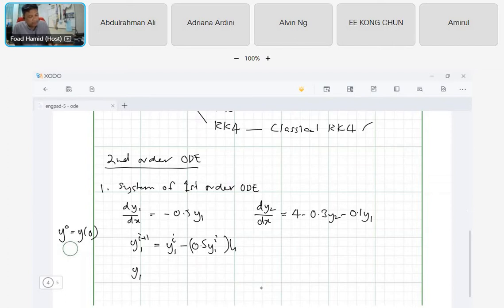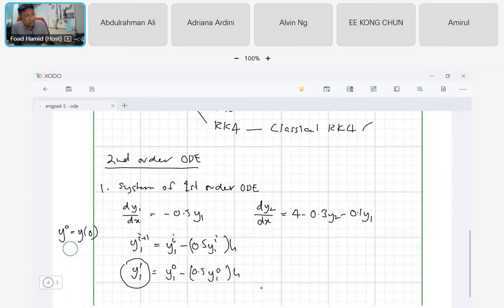For the first iteration, y1 at 1 equals y1 at 0 minus 0.5 y1 at 0 times h. So this is y1.